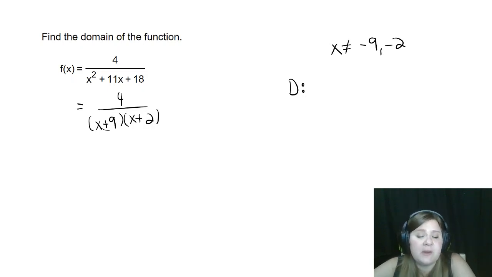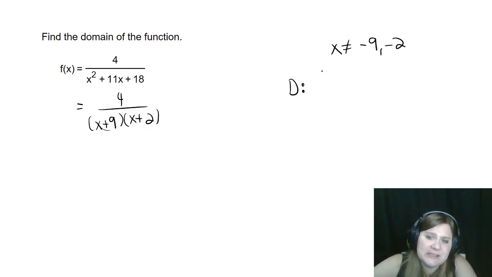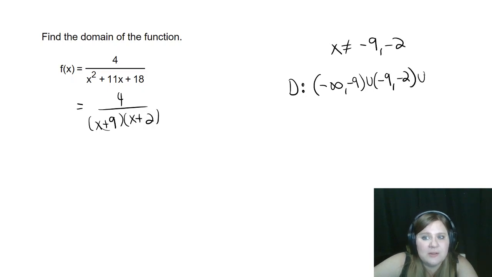Notice that I am writing them in order from least to greatest, or from left to right, because it makes it easier when I'm looking at my domain to say, okay, I see everything up to negative 9, union everything between negative 9 and negative 2, union negative 2 to infinity.